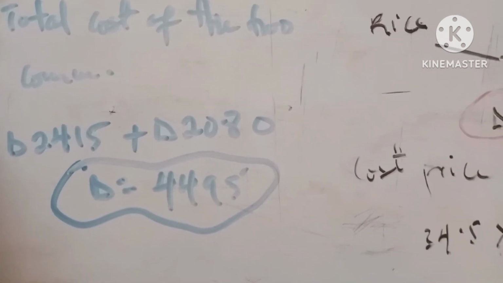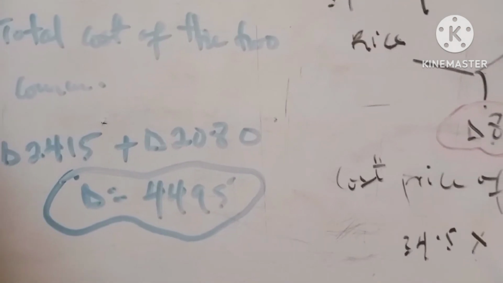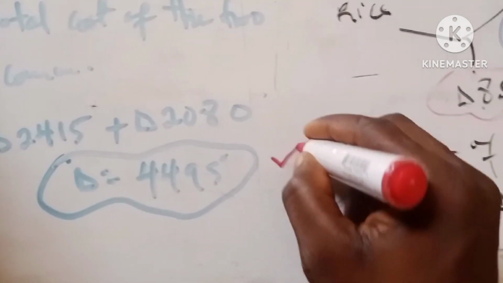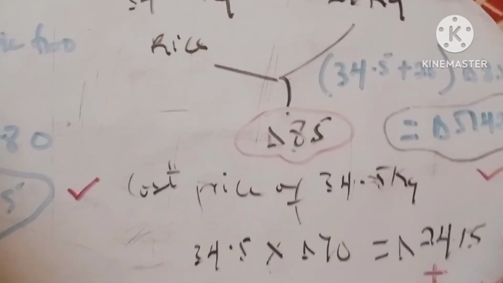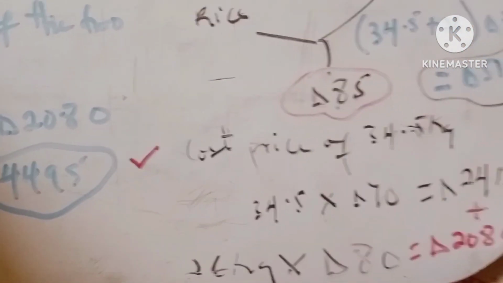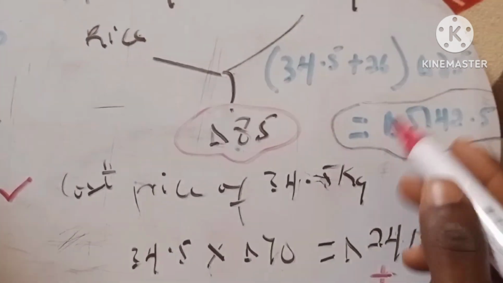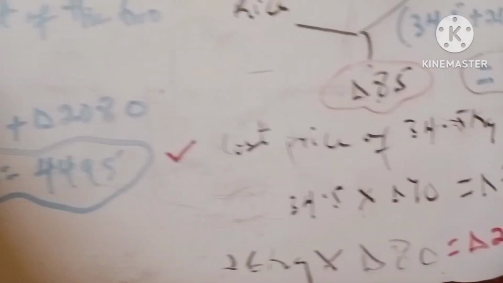Now that we have these two here, we can easily determine the profit, right? The difference between the cost price and the selling price is going to give us the profit. So which one is the bigger? For sure, if you are making a profit, the selling price is always bigger than the cost price of the item.